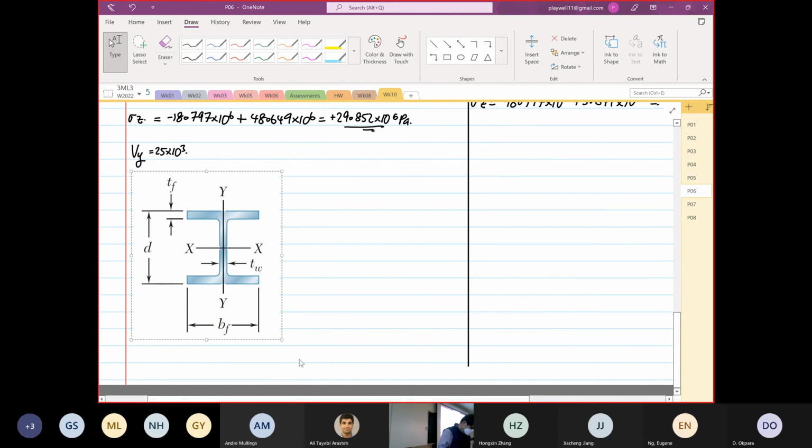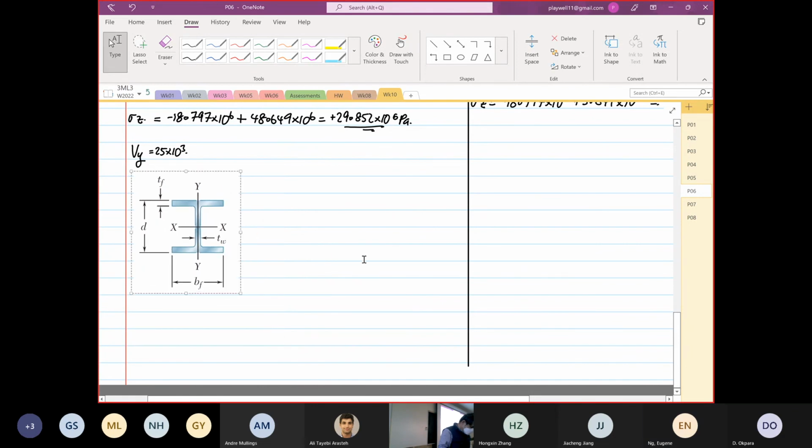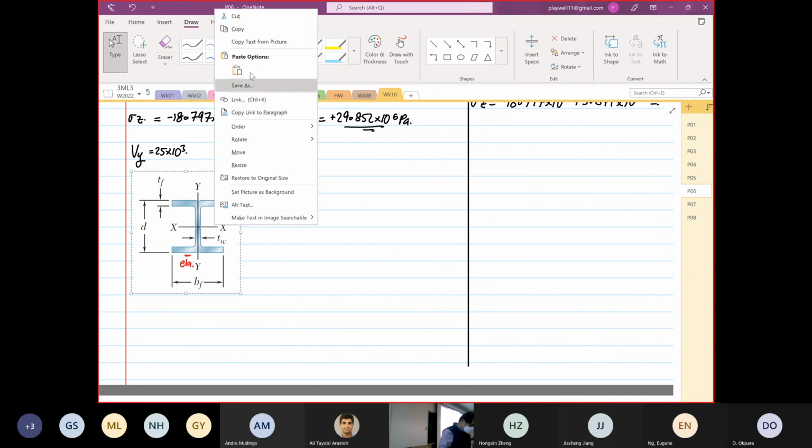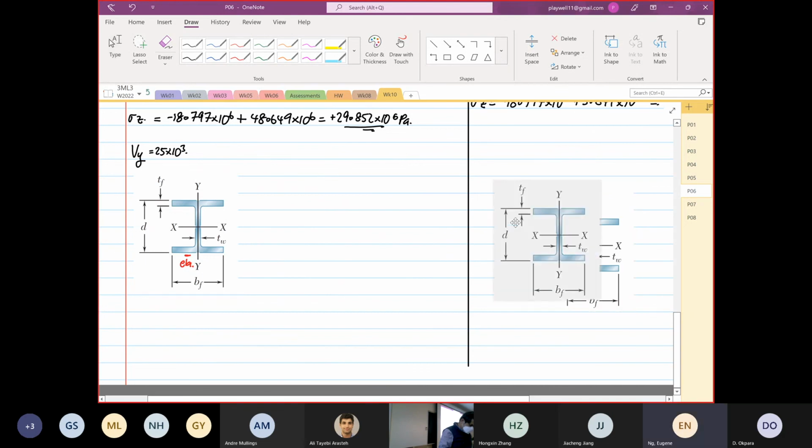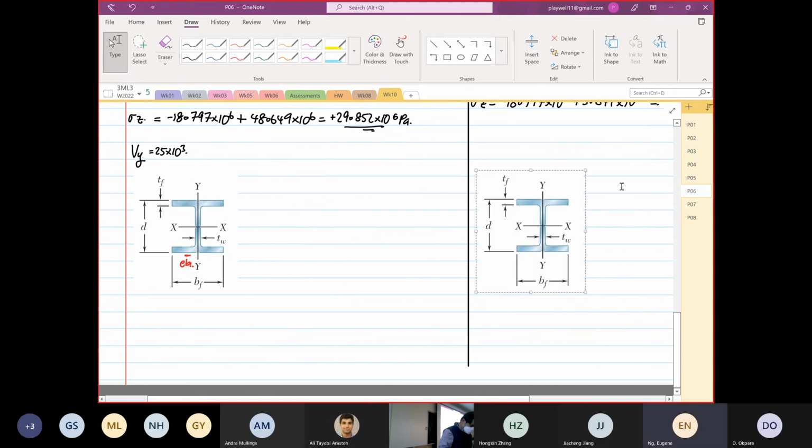One is for element A, and the other one is for element B.